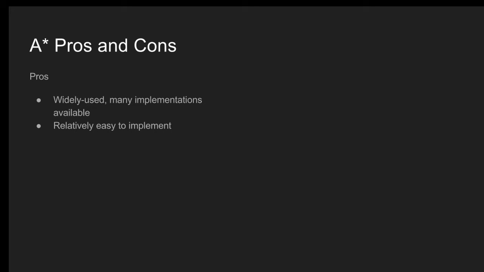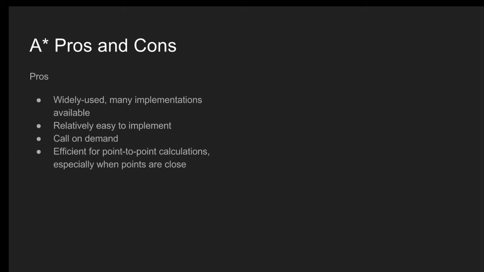It's relatively easy to implement just because there are so many tutorials out there that show you how to do it. And you can call it on demand. So basically when you need a path to get from one place to the other, you can call the A* algorithm to come in and do the work, generate a path for you. And when you don't need it, you don't have to call it. So there's no performance overhead when you're not actively using pathfinding.